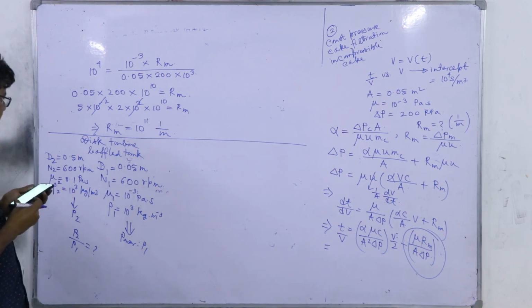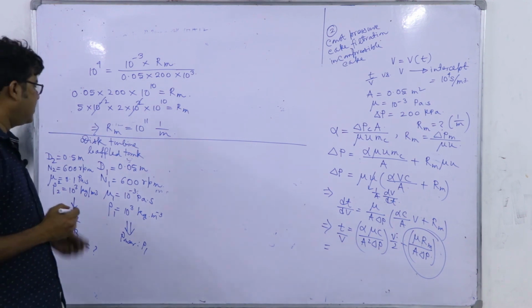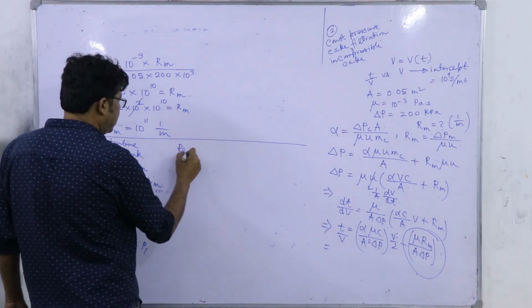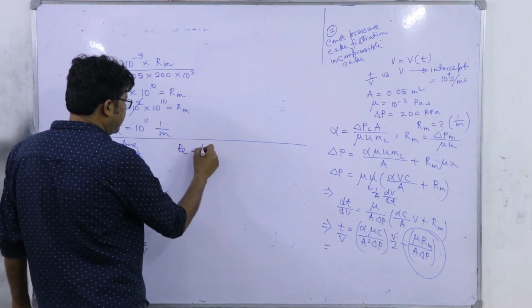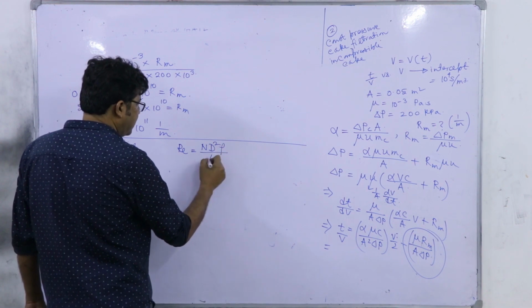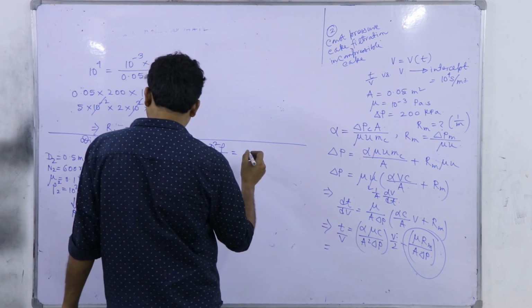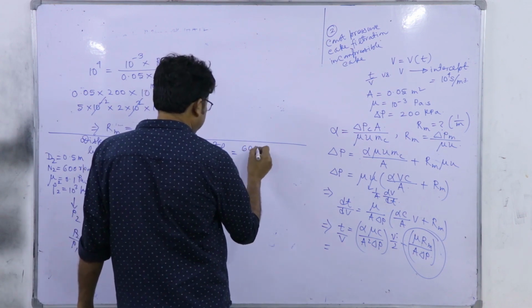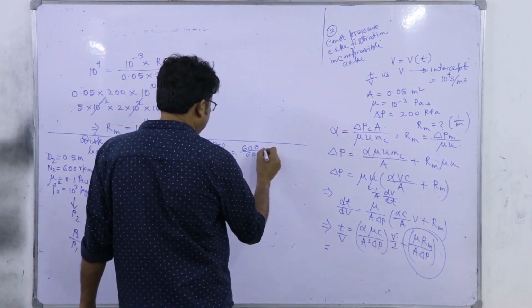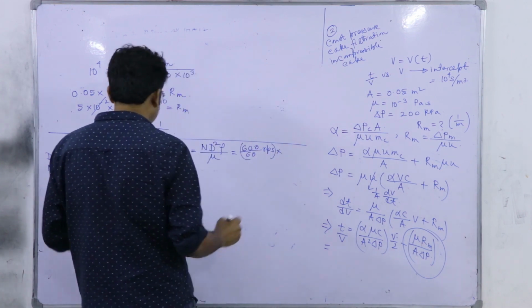So we have to first calculate the Reynolds number. Right. So Re is equal to N into d square into rho by mu. So N is 600 rpm, so 600 divided by 60 rps, into d square.